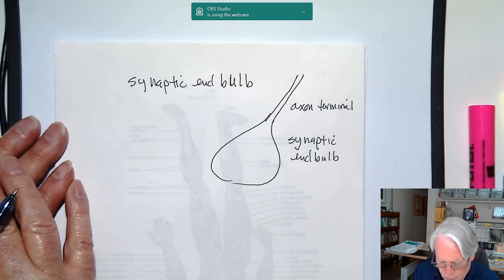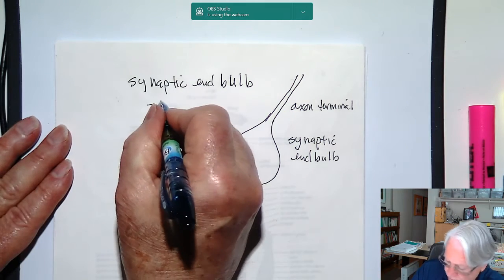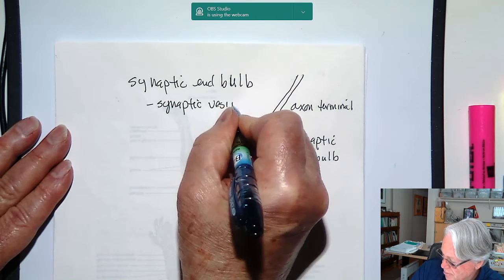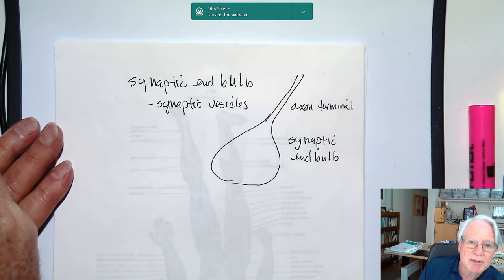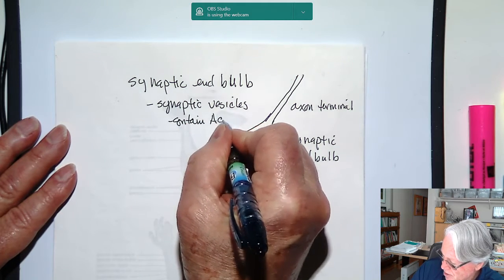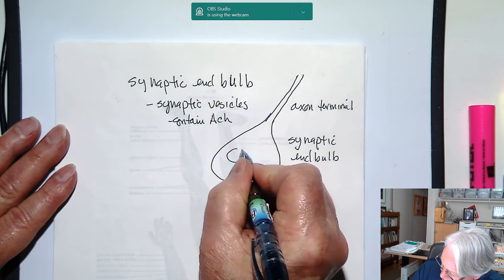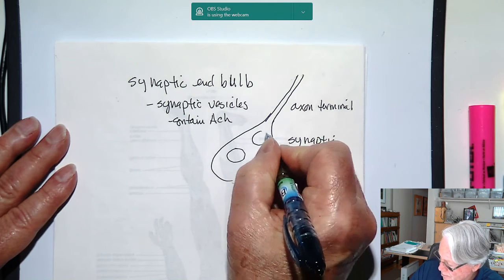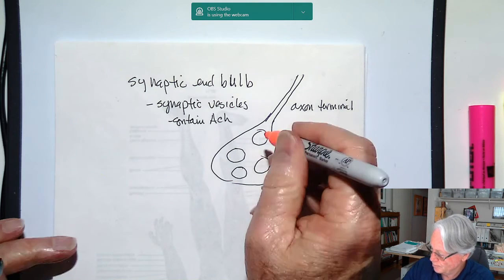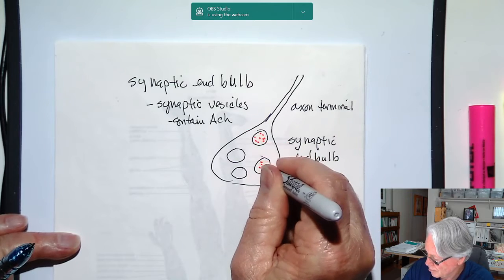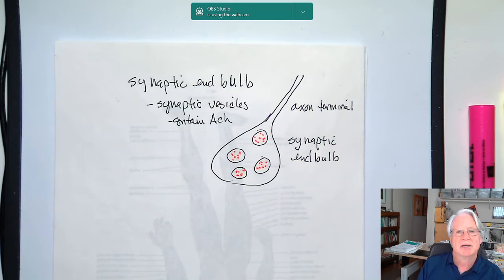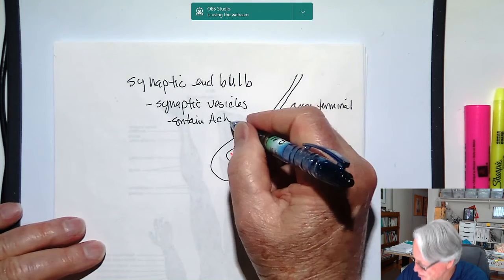Inside the synaptic end bulb, we're going to find synaptic vesicles. These synaptic vesicles will contain acetylcholine. So let's go ahead and show us that. And let's bring in some color. So that's our acetylcholine.